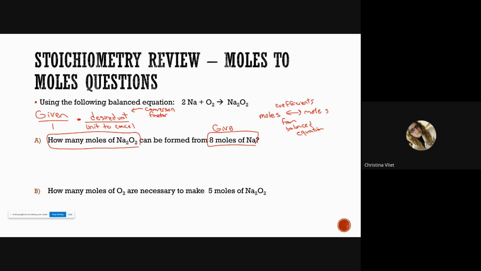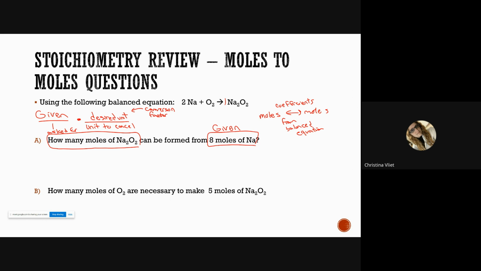That's what you're given. You're being asked, when I have 8 moles of sodium, how many moles of Na2O2 can you make from that? Up here, your balanced equation, we like to call it our recipe, right? It's our recipe. I know that if I've got 2 moles of sodium, I'll make how many moles of Na2O2? 1. Right. So that actually tells you a ratio. It's a 2 to 1 ratio.